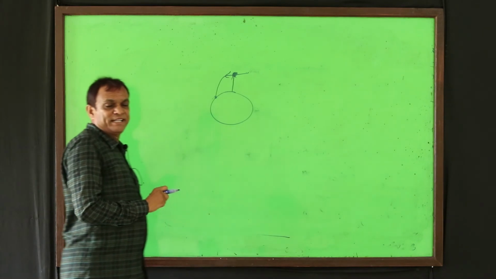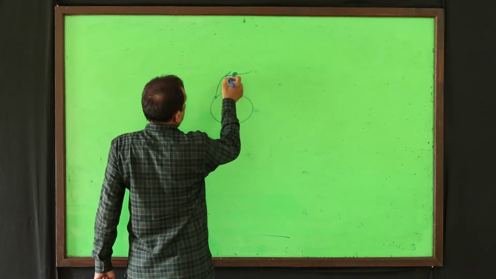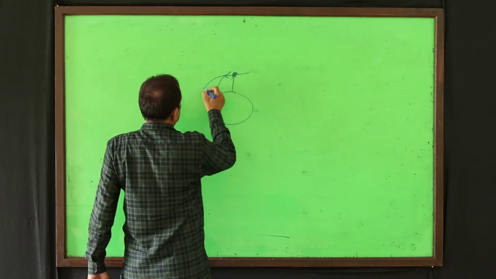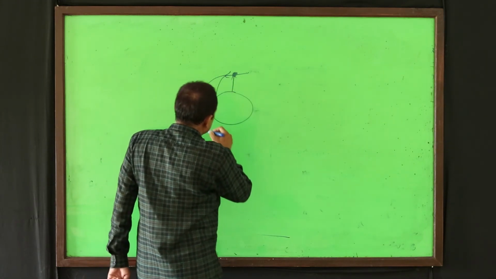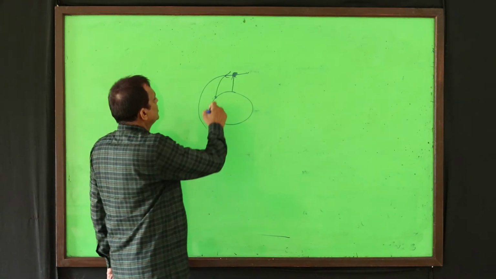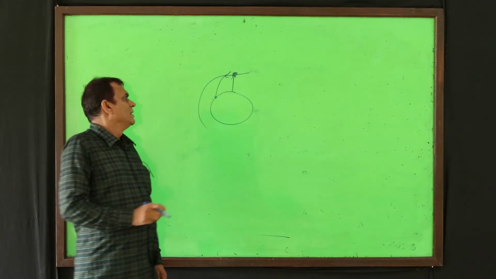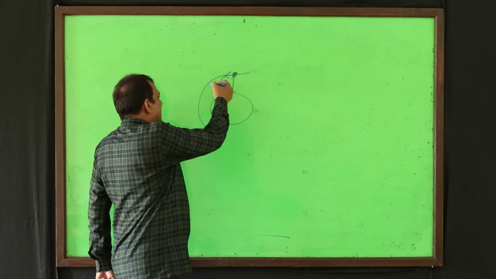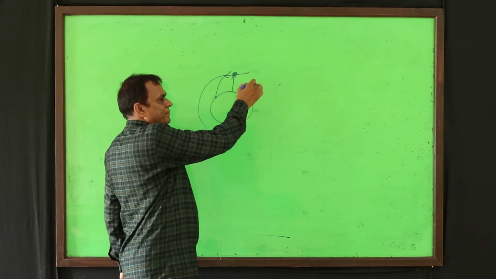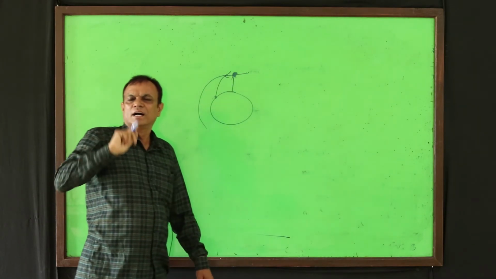But if the escape velocity is more, at that time the satellite falls like this and moves around the earth, because due to the spherical shape of the earth, the satellite falls every time and moves around the planet, the earth.